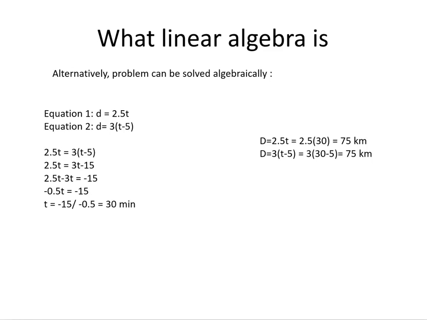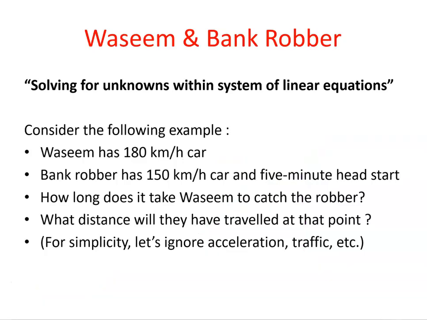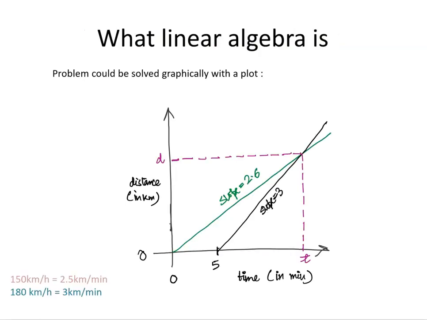So we can solve it through algebra, and if we see, the equation is d = 2.5t, that is 2.5 kilometers per minute, 150 kilometers per hour.